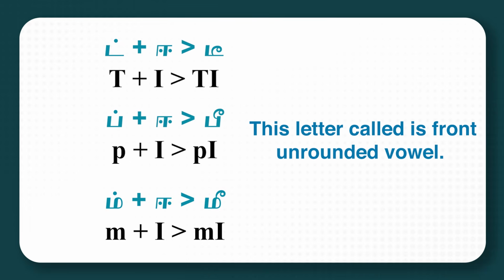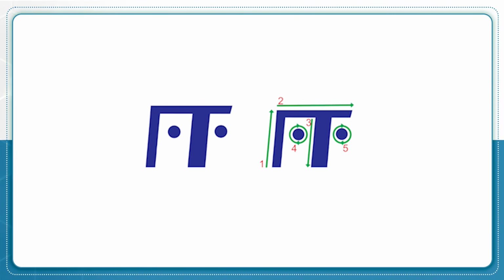This letter is called a front unrounded vowel. When pronouncing this letter, the tongue is placed towards the front of the mouth at a mid-height and releases the airflow.